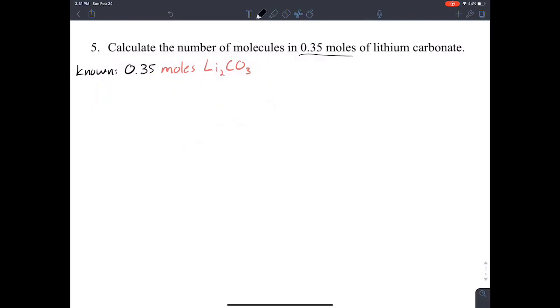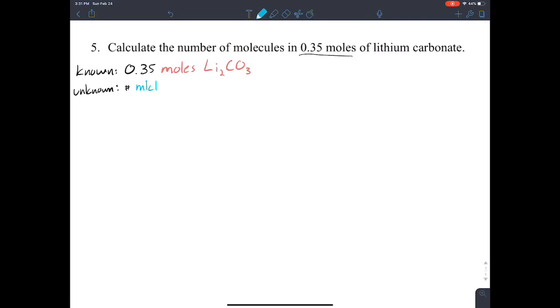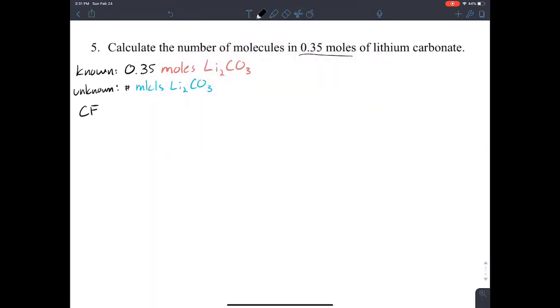Now our unknown is the number of molecules of lithium carbonate. So our conversion factor has to allow us to go between moles and molecules of lithium carbonate.